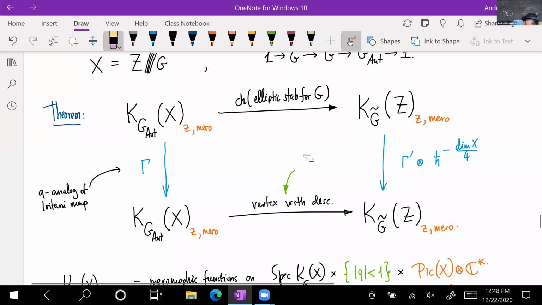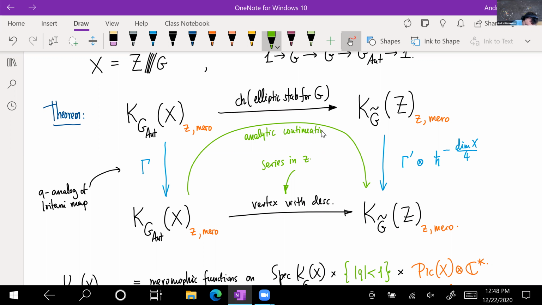This object is a series in Z. So if you want that series, whereas if you go by this diagram, this is analytic continuation, because everything else is meromorphic. That makes sense. So we won't be able to talk about this today for lack of time.